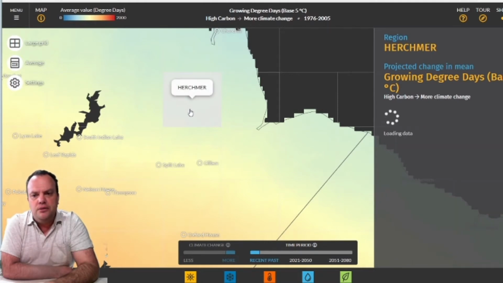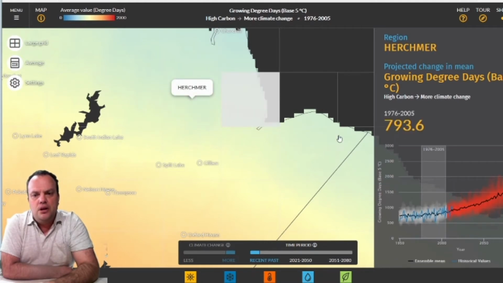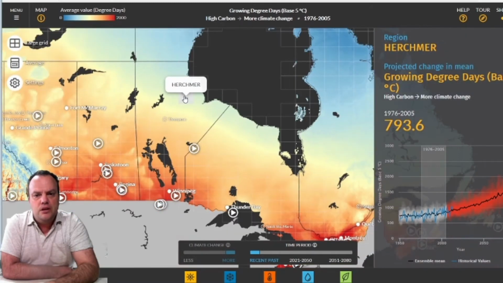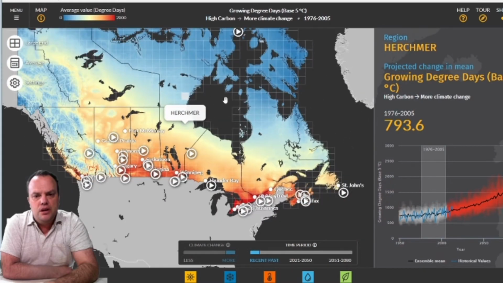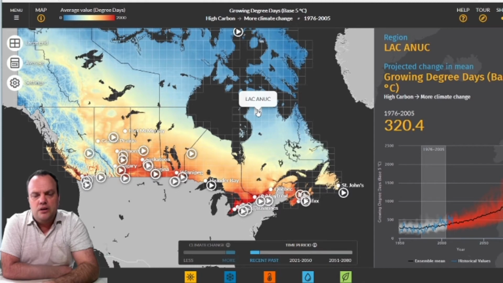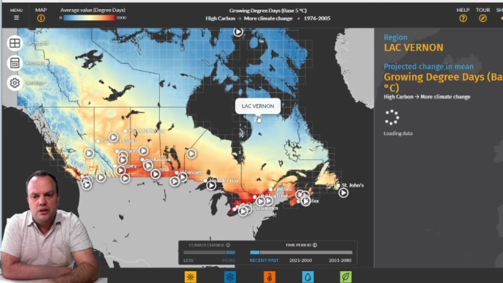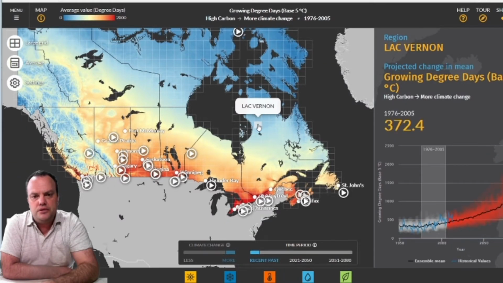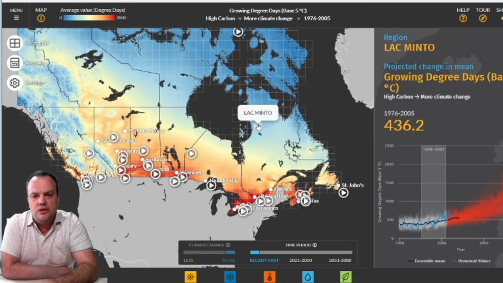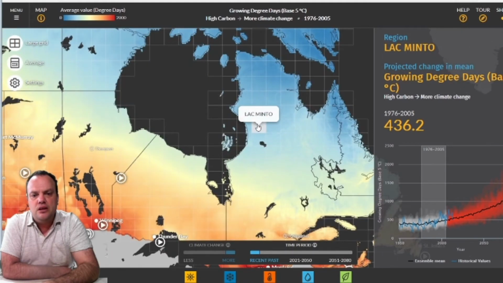So if I click here, you see I got 793. So what I want to do is find out how far north I have to go for 400. That's 320. 372. So now this would take it to be the center of the square, 372, because that's the average for the square. And now this is 436.